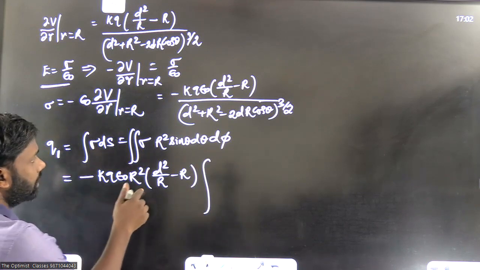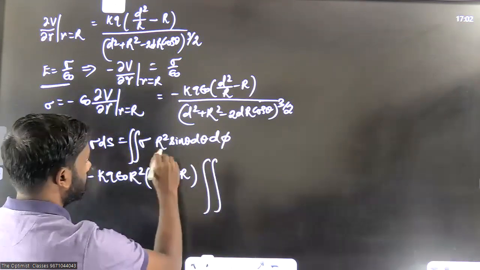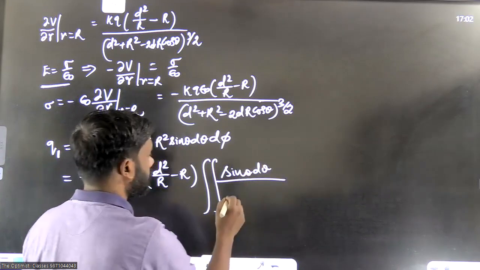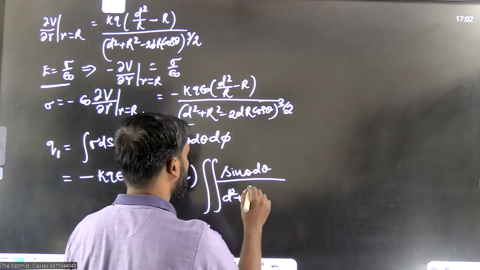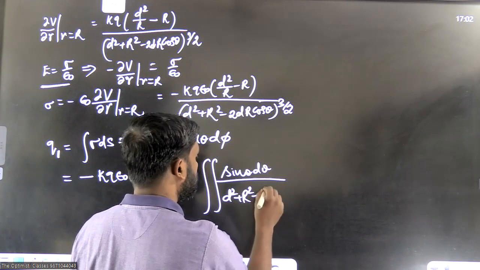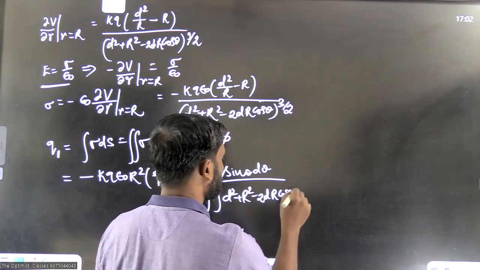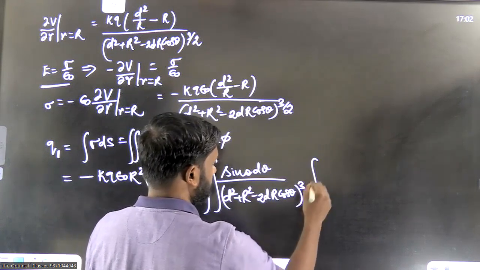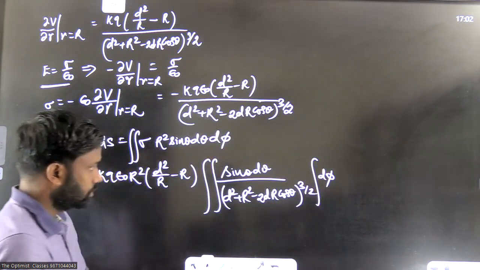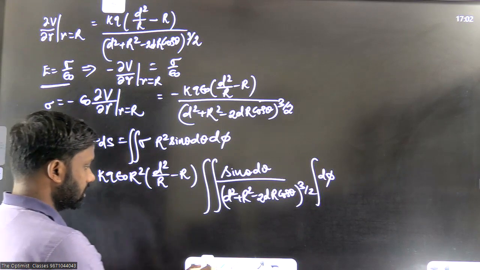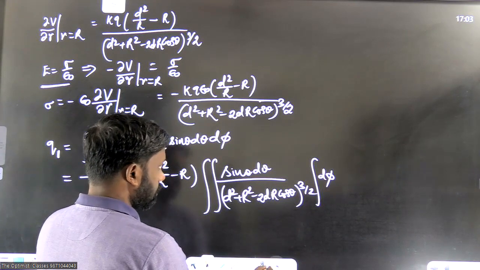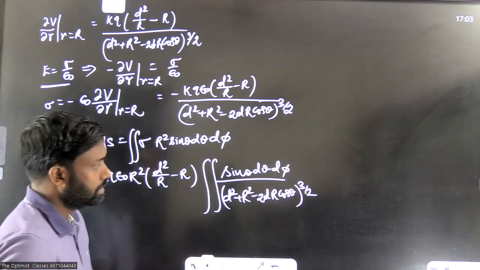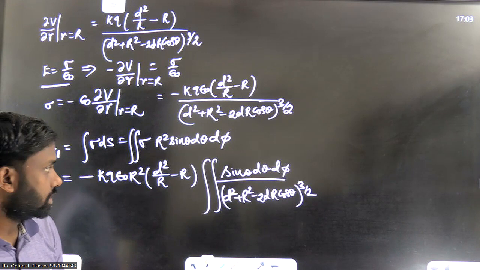We are left with sine theta d theta, divided by (D square plus R square minus 2DR cos theta) power 3 by 2, and there is the d phi term. So we have to do this integration. There is a single integration here.